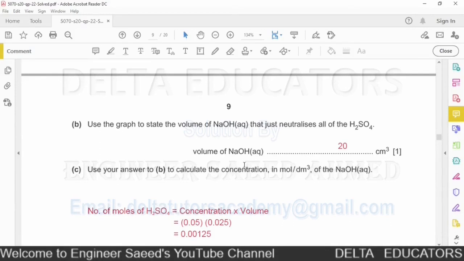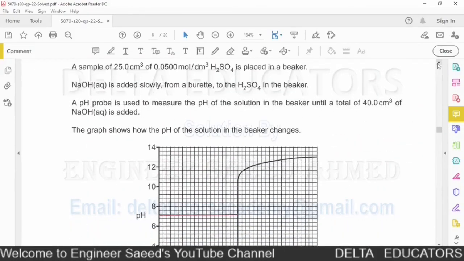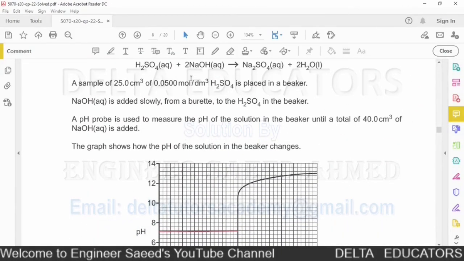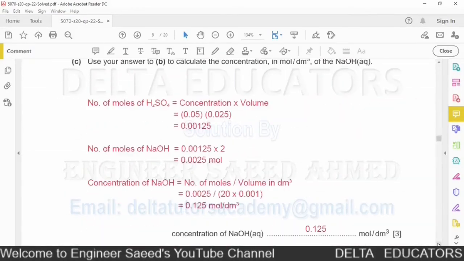Now concentration is given as number of moles over volume. So number of moles will be equal to concentration into volume. Now concentration of sulfuric acid and volume of sulfuric acid is given. It is given here that concentration of sulfuric acid is 0.05, whereas volume is 25 centimeter cube.